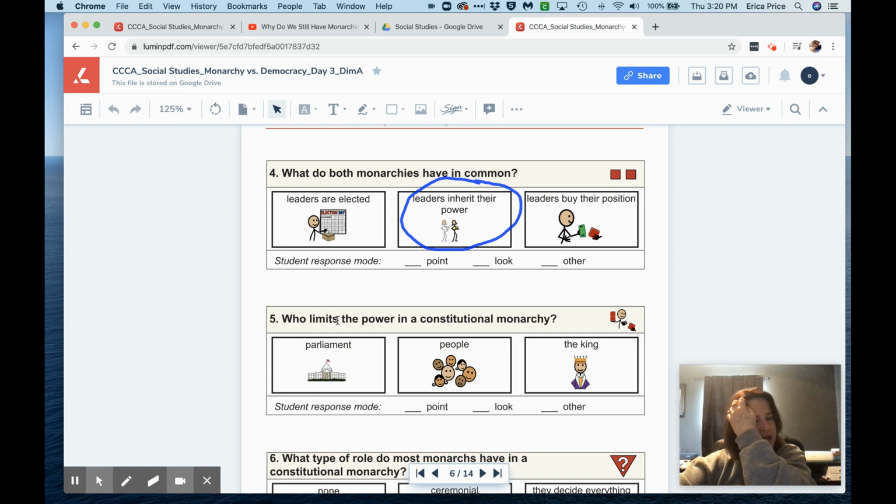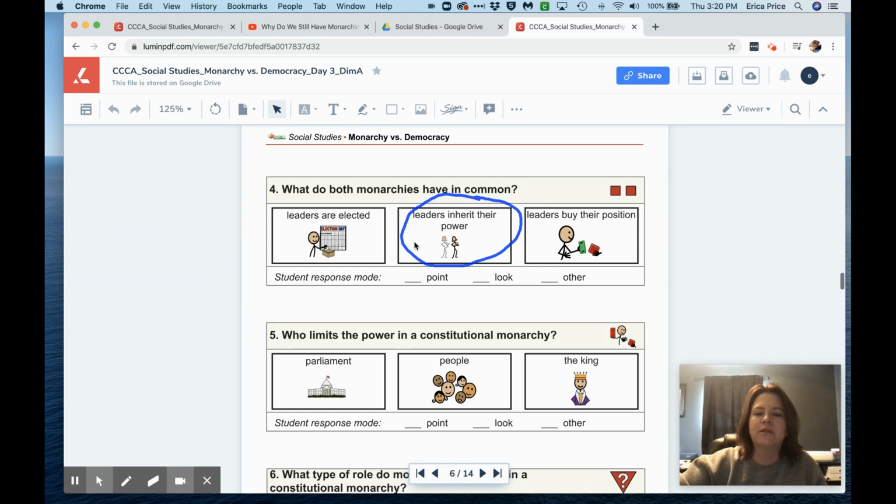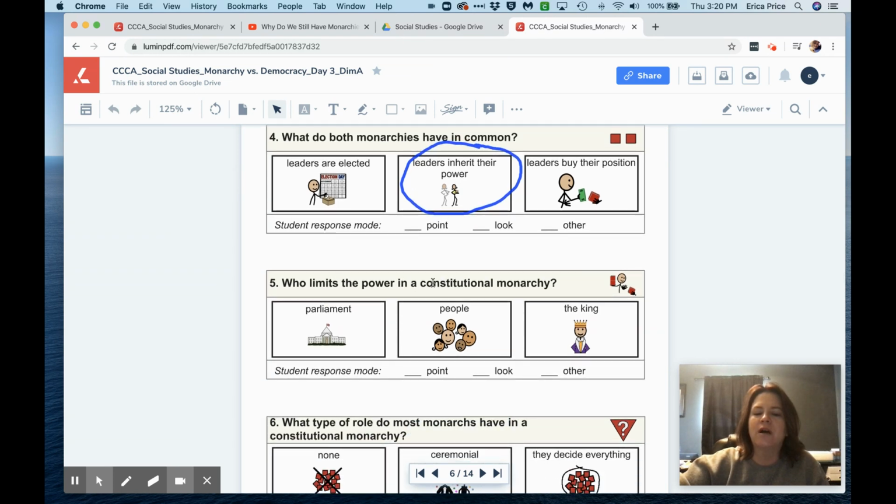Who limits the power in a constitutional monarchy? Now we've switched here. This one we were talking about both monarchies. These questions we were talking about absolute. Now we're just talking about constitutional monarchy. Who limits the power in a constitutional monarchy?